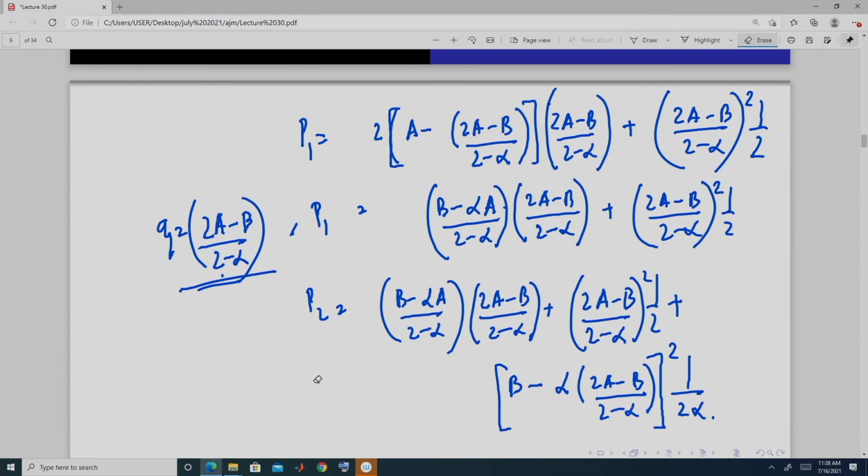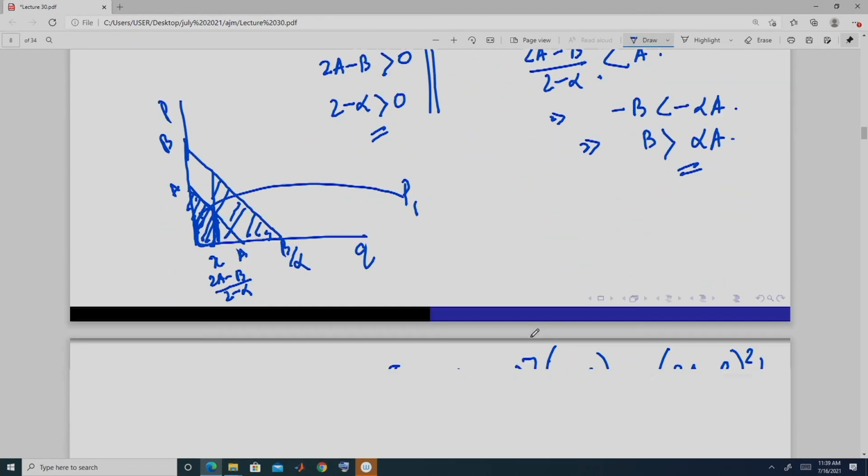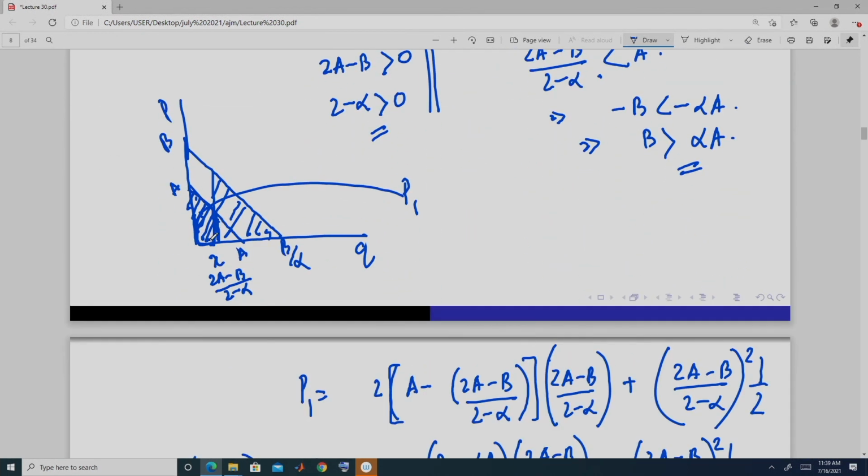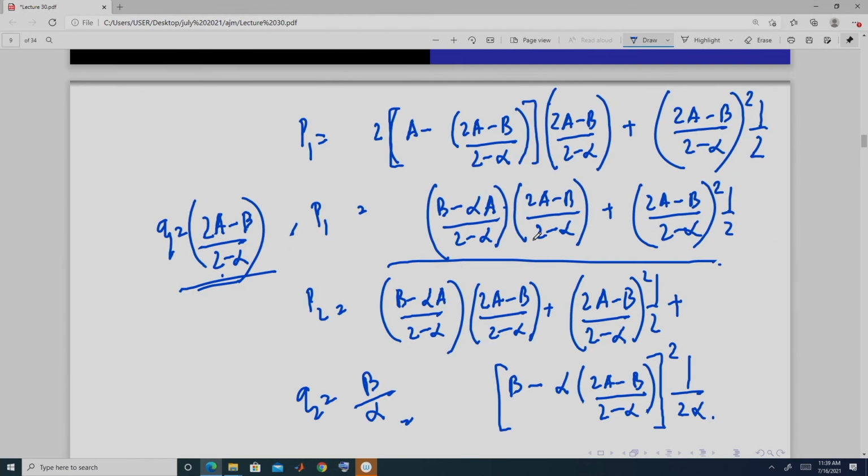So, Q2 its bundle is B by alpha, at this price, and Q1 this at this price. This is the way the monopolist can package the product. So, this much amount at this price whole and this much amount at this area plus this area. Okay. So, this is one way of bundling.